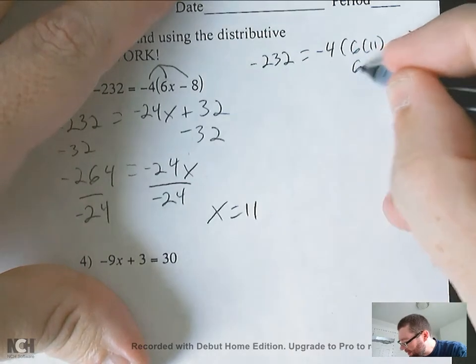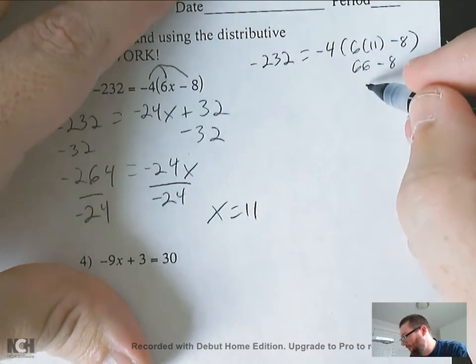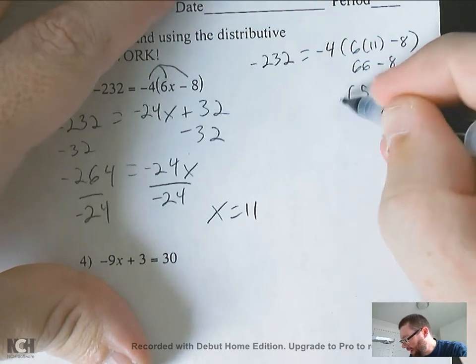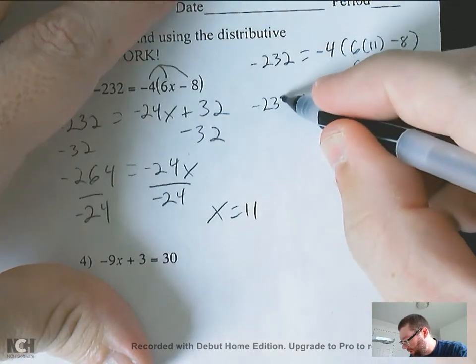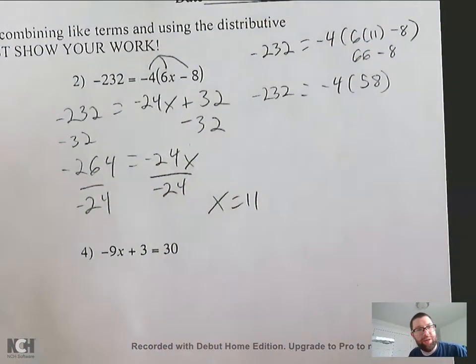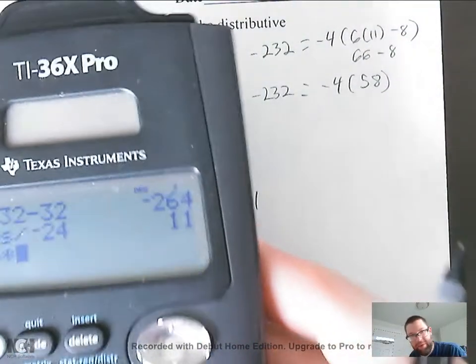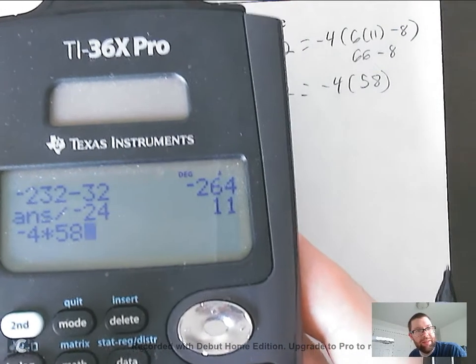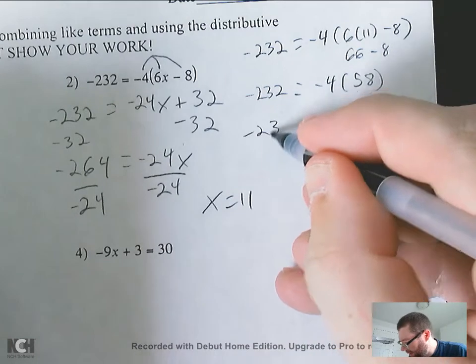That would be 66 minus 8, which would be 58. Okay? And that's going to be multiplied by negative 4. And it's still equal to negative 232. Now, here's the trick. If this negative 4 times 58 is negative 232, then I did it correct. And voila! I did it correct. Yay!